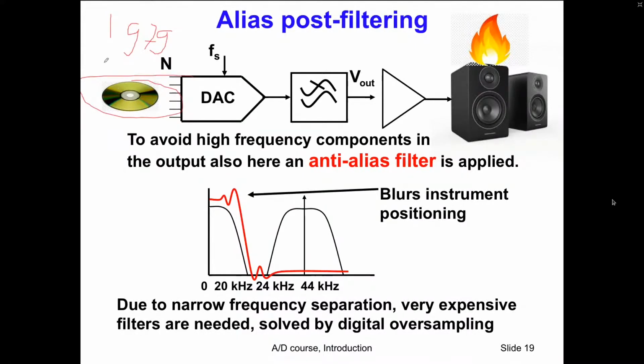Today it's almost a museum piece, but at that moment it was really something very good. And unfortunately, in the compact disc, we want 20 kilohertz of bandwidth at a sample rate of 44.1 kilosamples per second. That means that you have only 4 kilohertz to do a very sharp filtering.